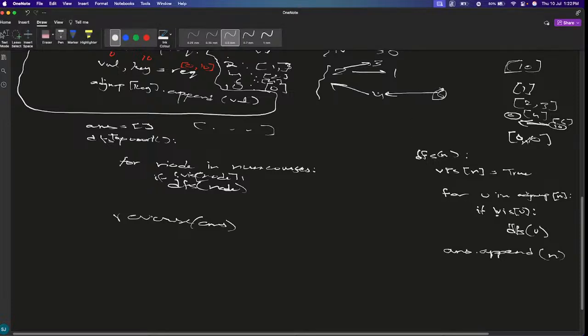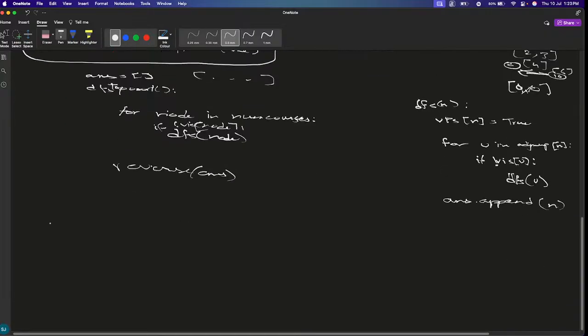We start with 6, we start with 4. Let's make a hypothesis to solve this. What is the main problem that we have to solve? Detect a cycle via topo sort.